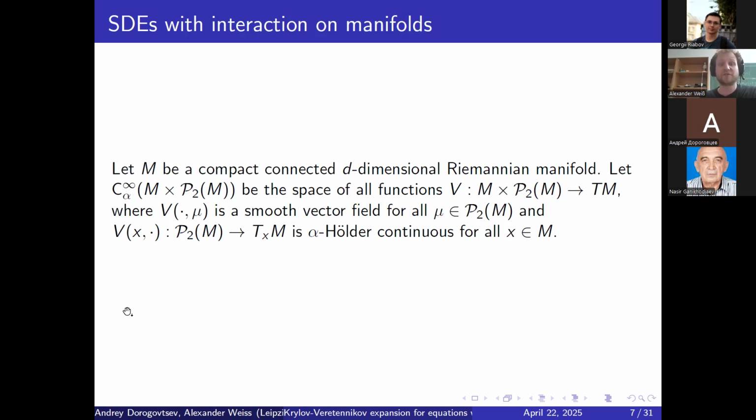And for each fixed x, the function from the Wasserstein space into the tangent space at x should be α-Hölder continuous for all x in M. And this can actually be made sense of because, as we remember, each tangent space is a Euclidean space, or moreover, a Hilbert space of the same dimension as our initial space. Therefore, we also have a norm. It's a normed space, so we can actually make sense of α-Hölder continuity.